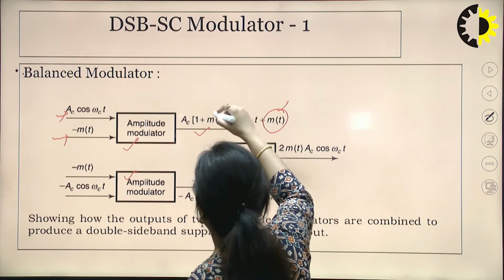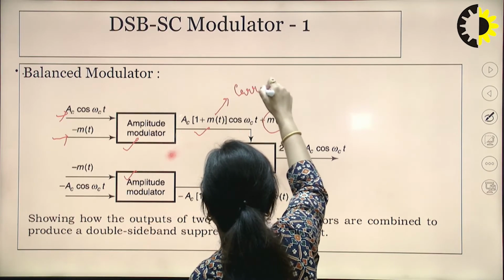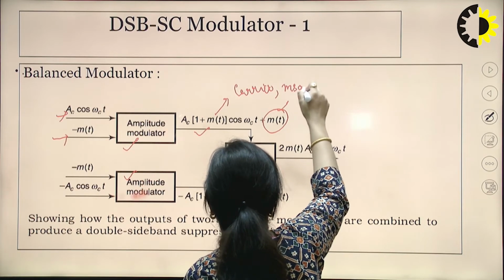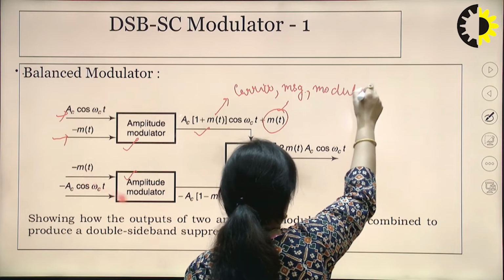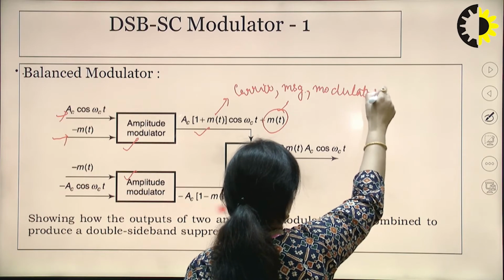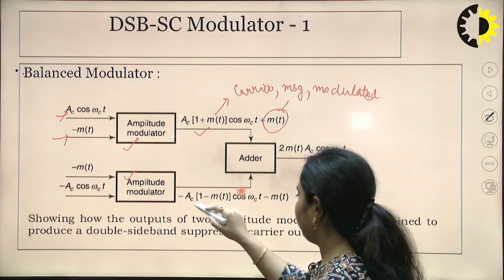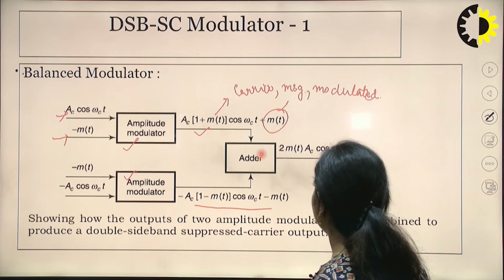So here we are getting 3 terms, that is carrier signal, message signal, and the modulated signal in the upper half of this block diagram. In the lower half also we are getting the 3 terms, that is carrier signal, message signal and the modulated signal.